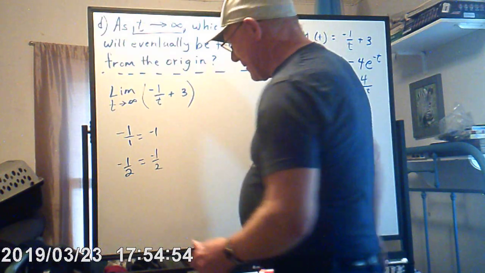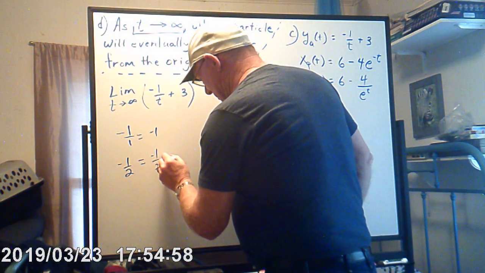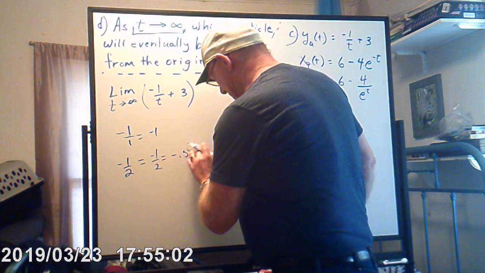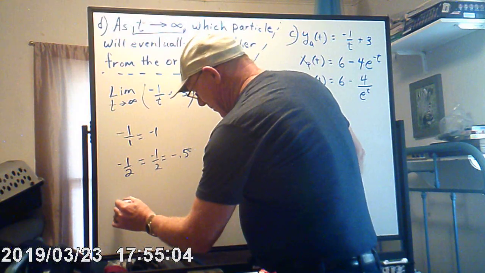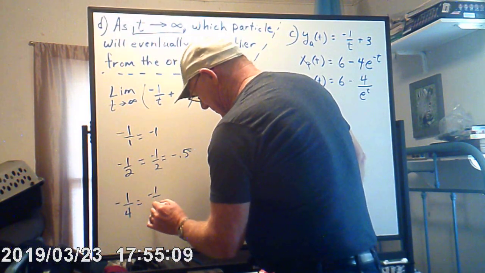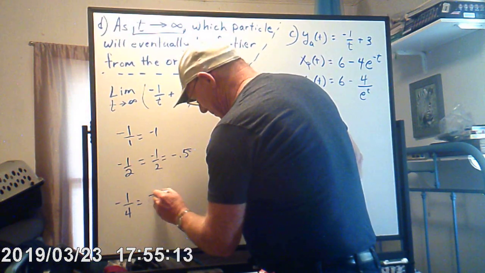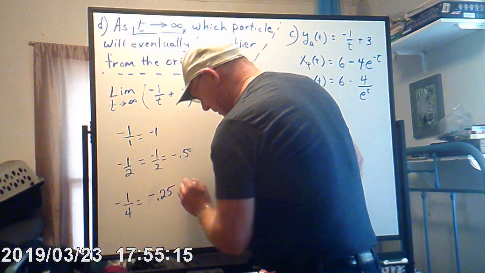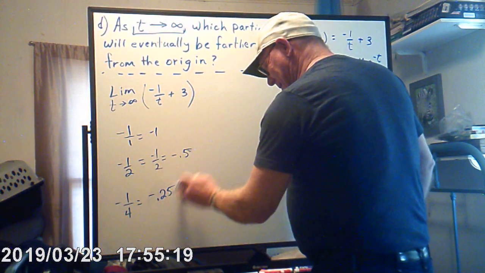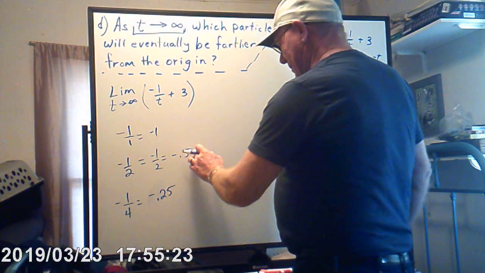Okay, right? Alright, so, of course this is negative 0.5 here, right? If we want to look at this right here. And of course negative 1 over 4 is going to be negative 0.25. Alright, like that. Okay, this is actually smaller than this, right? Which is smaller than this.